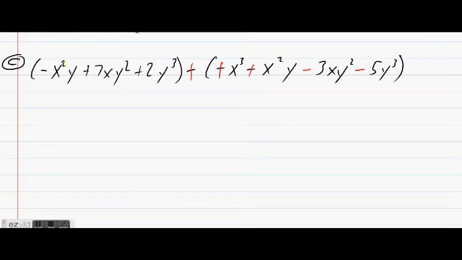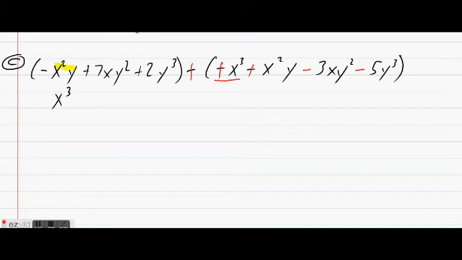So I'm looking for the biggest x value. Well, I have an x squared there, and I come over here to this other one and I notice I have an x to the third. So I'm going to have to write down this x to the third first. It's positive, so x to the third.